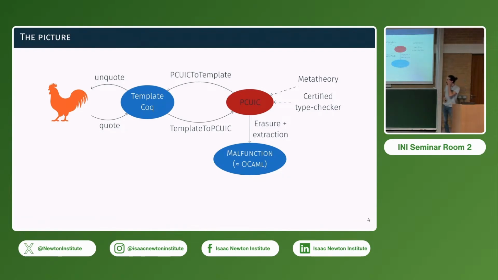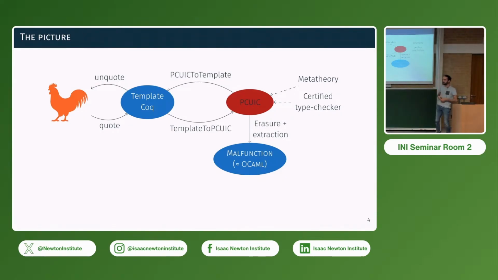And there's a bunch of things in there. There's one aspect which was actually the origin of the project. I think Gregory developed that a long time ago: a quoting and unquoting mechanism so that you can have a representation of things that happen in the kernel of Coq inside of Coq itself as data types.